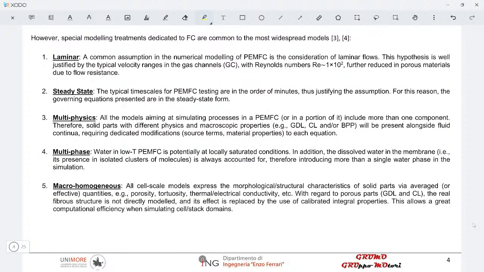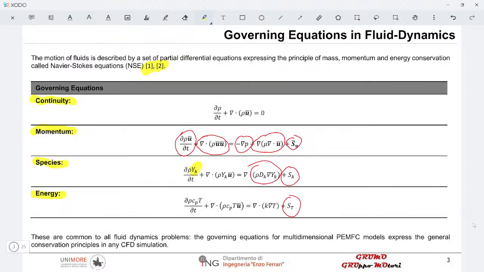Now, the equations that you've seen before describe the generic fluid motion in any regime. There is no distinction between laminar and turbulent in these equations. Let me just step back one slide here. If you have a turbulent problem, then you will have to introduce some turbulence models.